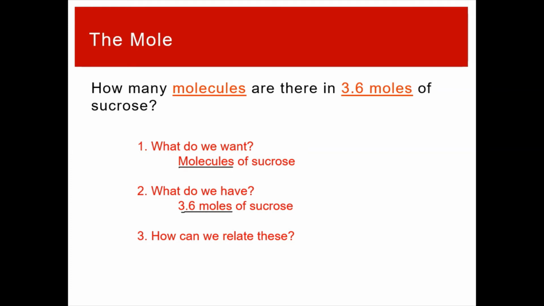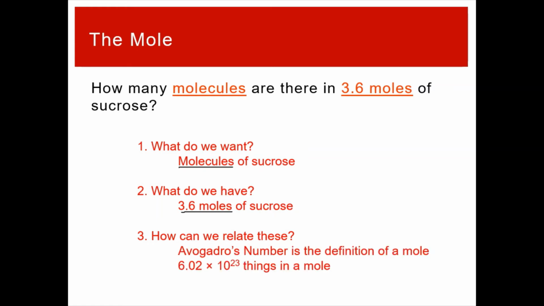Going back and forth between that counting by individual objects and counting by groups. So we relate those by the definition of the size of that group of objects. What is the amount in our counting unit? And in this case, it's going to be Avogadro's number, 6.022 times 10 to the 23rd things in a mole.